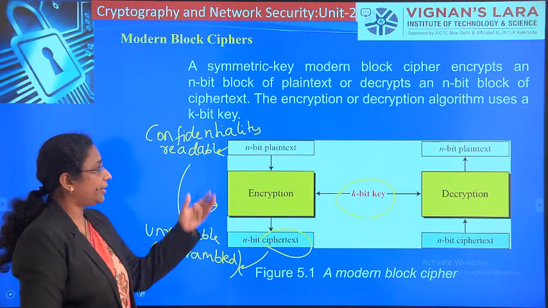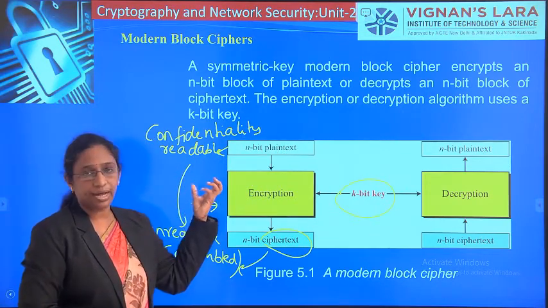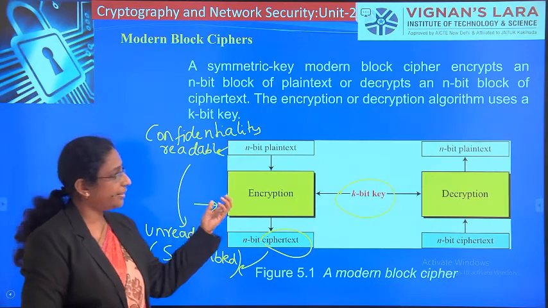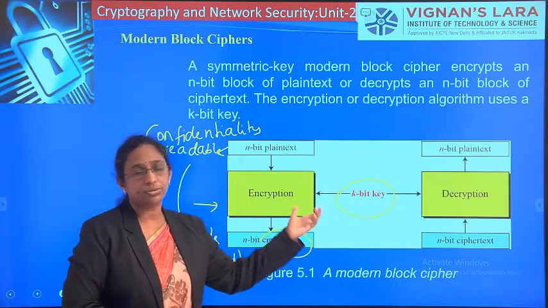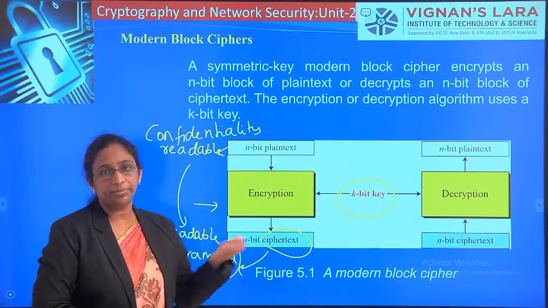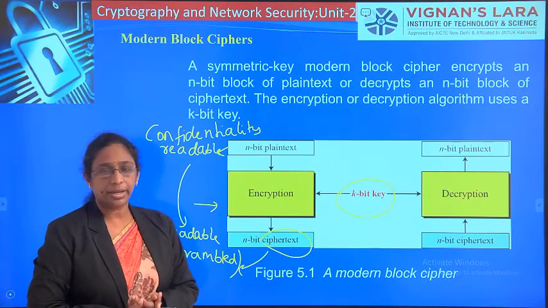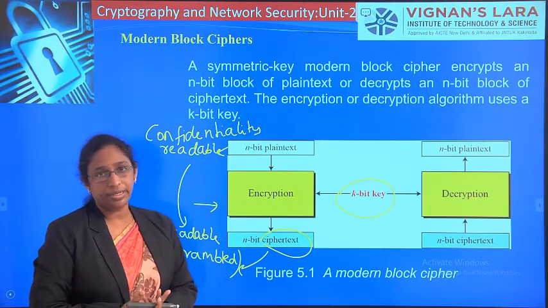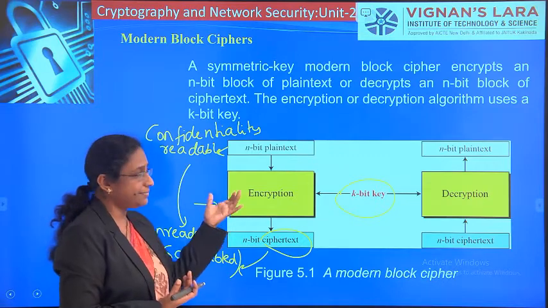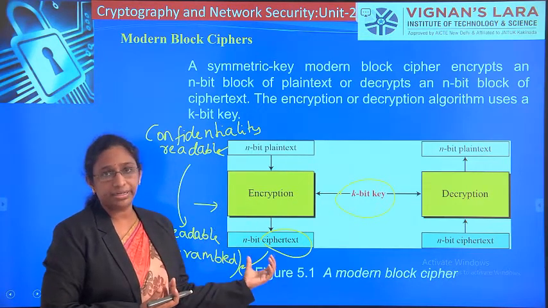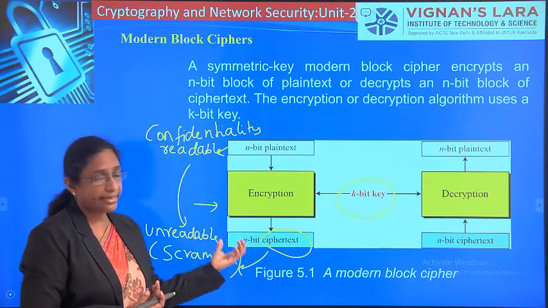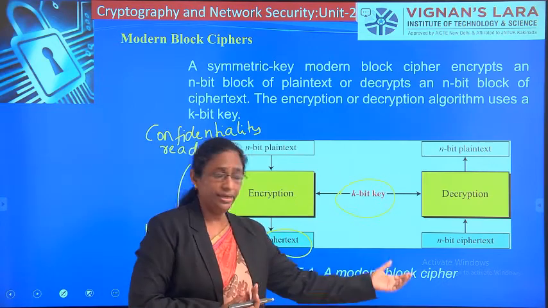The message is hidden so that no unauthorized person will be able to see it. The sender encrypts the readable message into unreadable form and sends that unreadable data to the receiver.